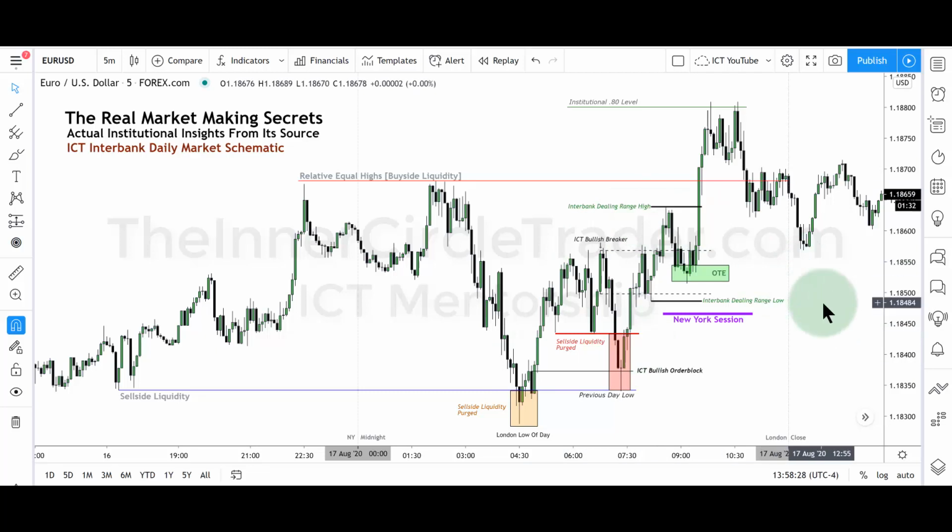But still, even though it's framed under the idea and umbrella, if you will, of a high resistance liquidity run, the signatures still manifest, and they're very strongly linked to time and price. When price went below the relative equal lows here and ran through that, all of this movement here is a Judas swing.